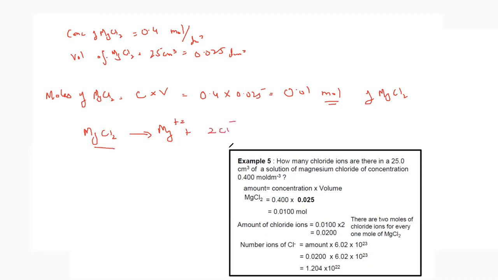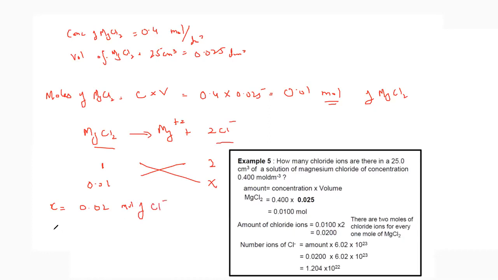So what is the ratio of magnesium chloride to chloride ion? It is 1:2. 1 mole of magnesium chloride gives 2 chloride ions. So if we have 0.01 moles of magnesium chloride, how many chloride ions will there be? X. We cross multiply. This gives us 0.02 moles of chloride ion.